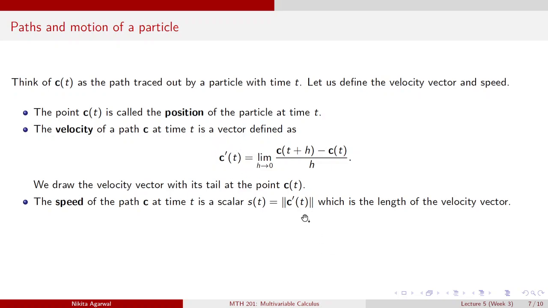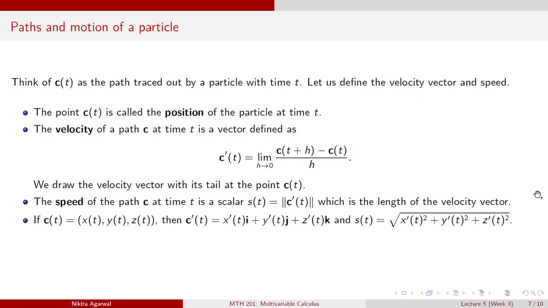Okay, so it is the norm of C prime t, which is the length of velocity vector. Now, if C(t) is x(t), y(t), z(t), then C prime t is x prime(t) i plus y prime(t) j plus z prime(t) k, and s(t) is the length of this vector, which you know is given by this.